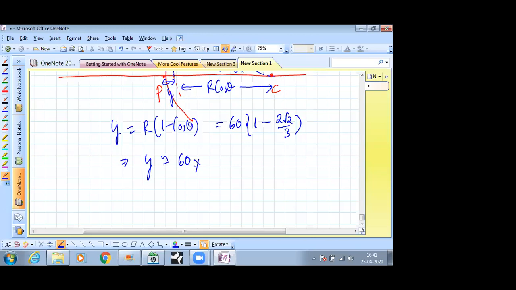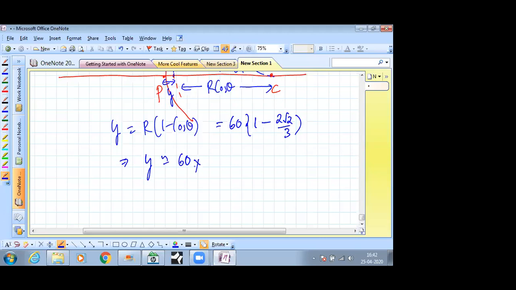So if we take root 2 as again 1.4, so that is 2.8 by 3. And you subtract that from 1, so we get nearly 0.07, and multiply that with 60, so that you get nearly 4 centimeters.